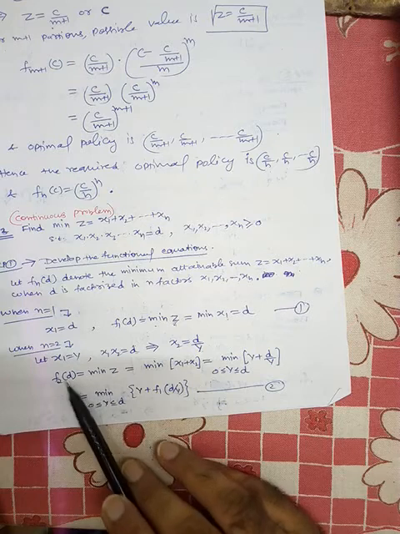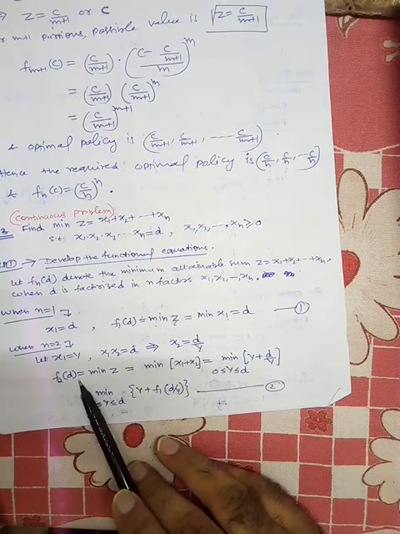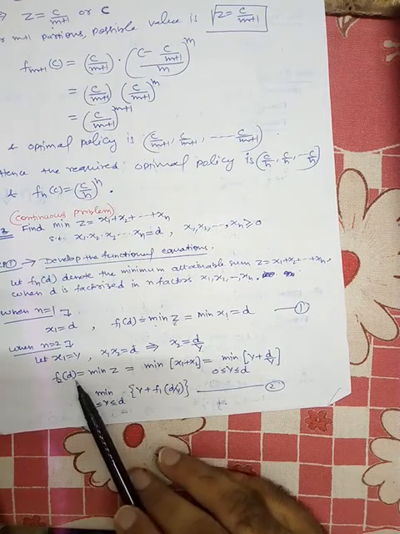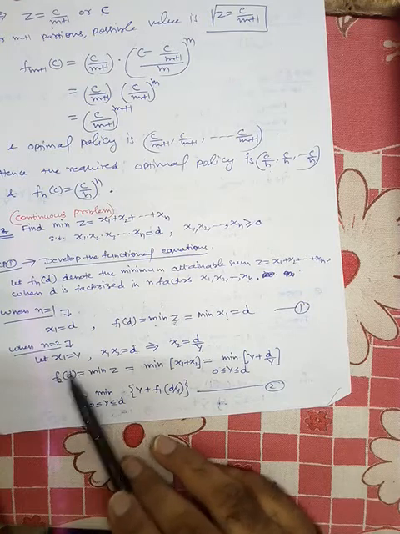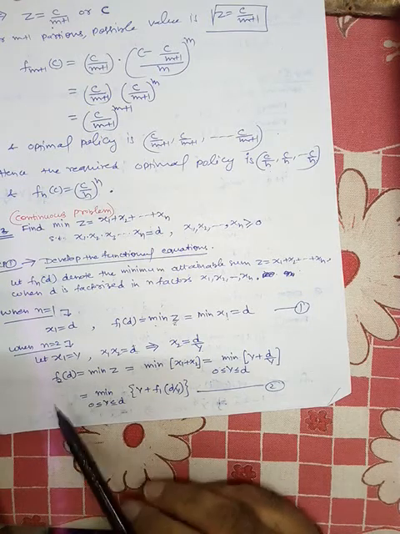What is our task? Our task is f_2(d). This denotes the minimum sum of two quantities.